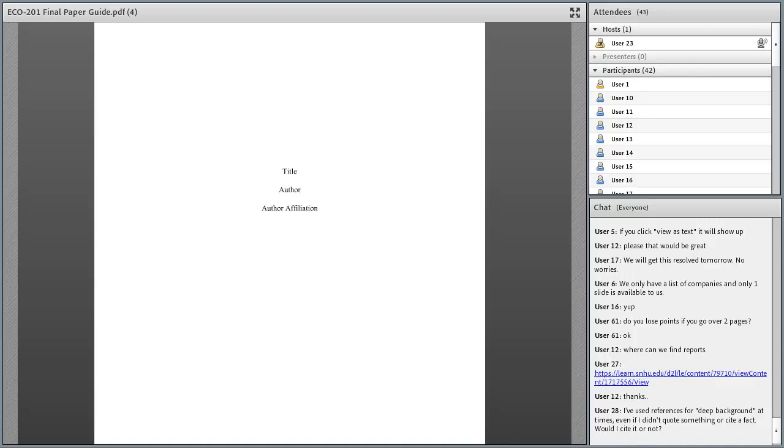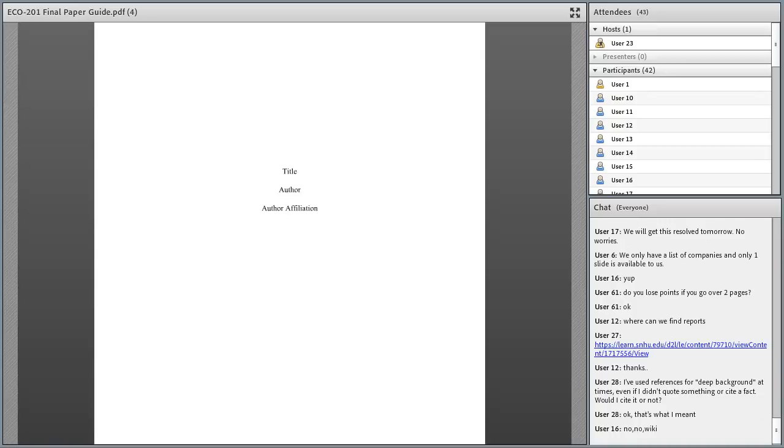Also, Wikipedia, if you decide to use it as a starting point, just because you can get some good general information about a company, you can use it as a starting point, but do not reference it. Use it to gather information, but then find a more reliable, accountable website that contains that information that you can reference.